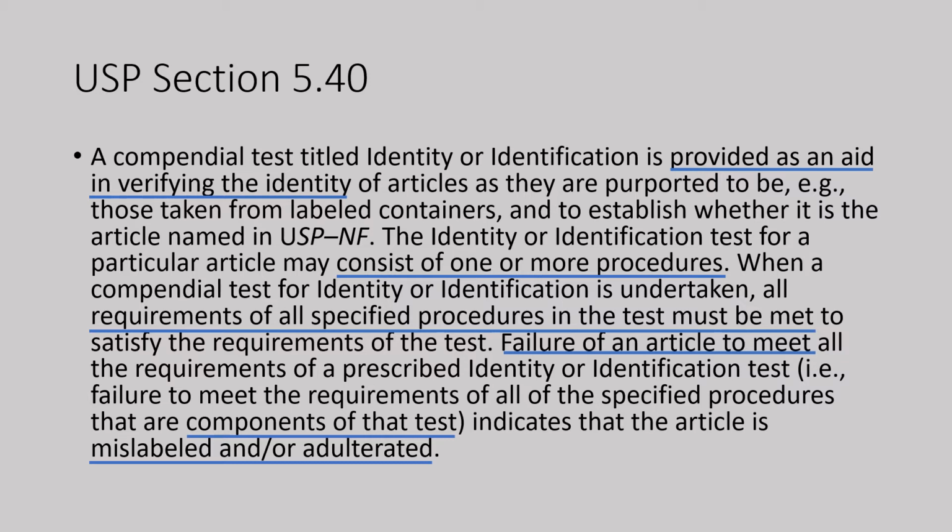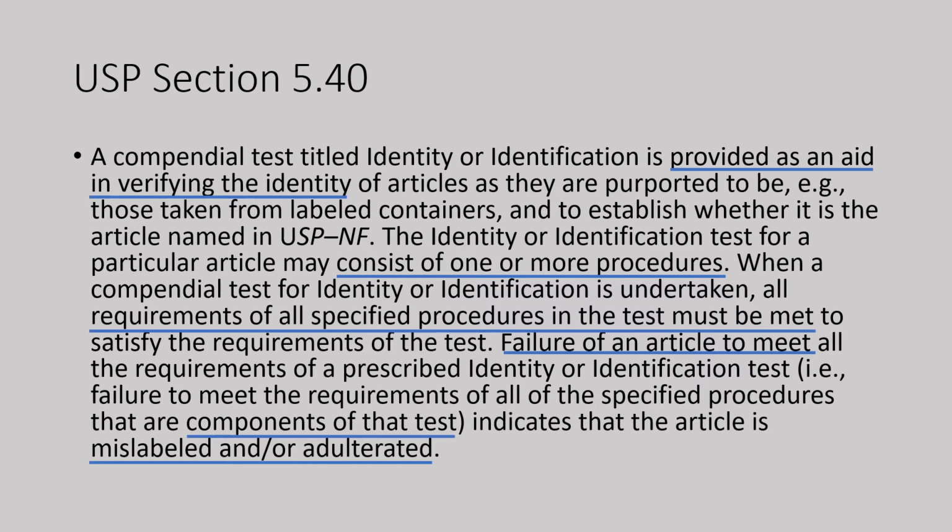The intent of this section is to identify whether or not the compendial article is as claimed as per the label. It is an unambiguous, clear thumb impression of the article. This is a specific characteristic for a particular compendial article.